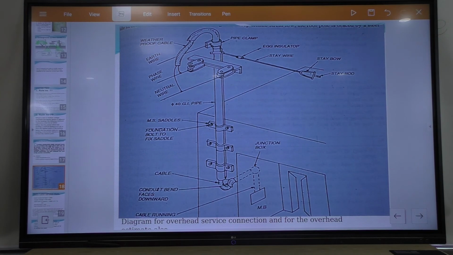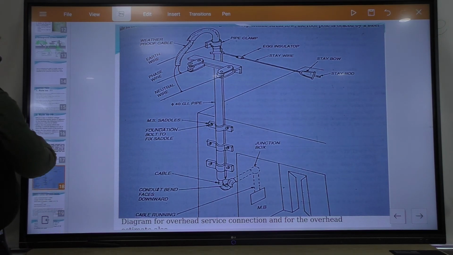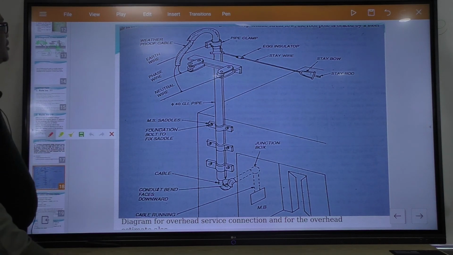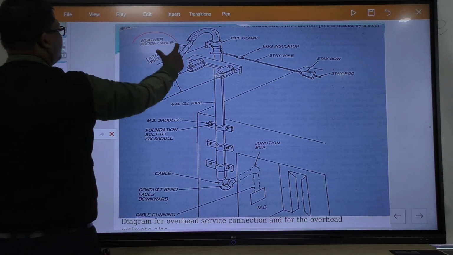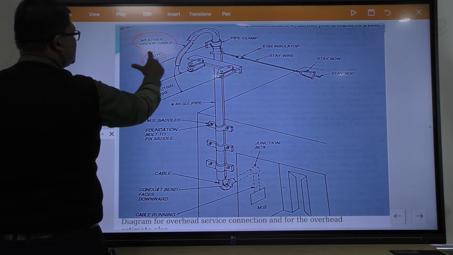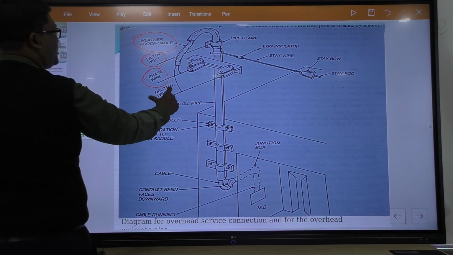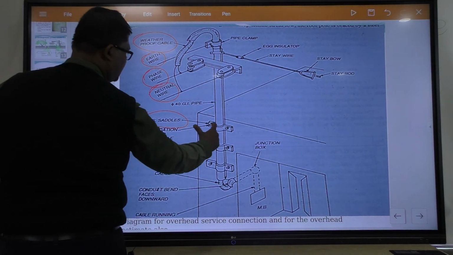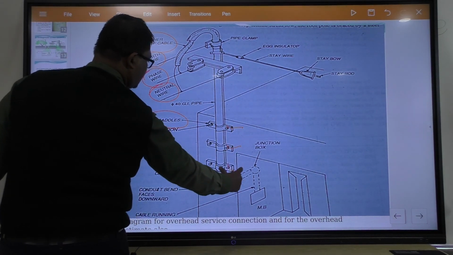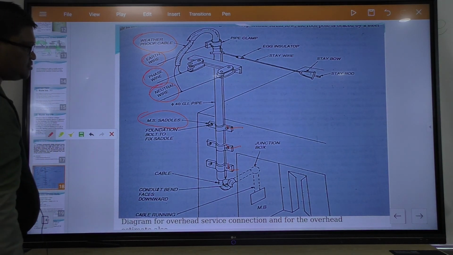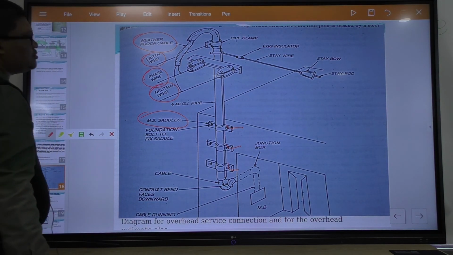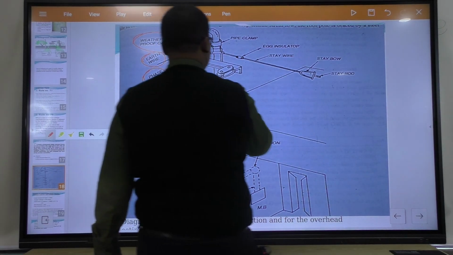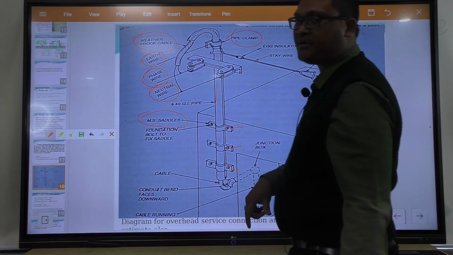Suppose this is the arrangement for this connection. Here is the weatherproof cable, and this is the earth wire, phase wire, neutral wire, and MS saddle. These are the MS saddles, and this service bracket is connected by pipe clamp.